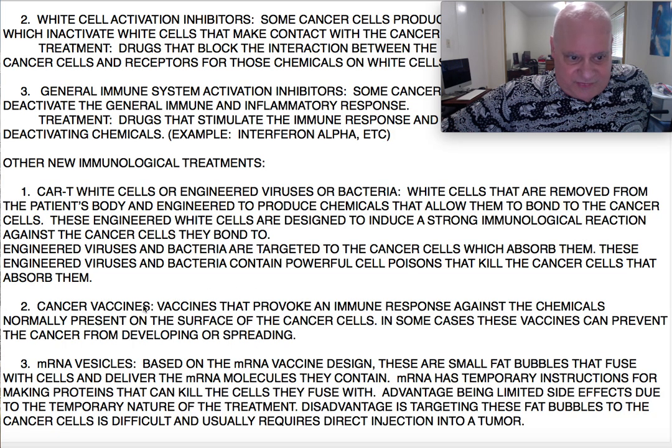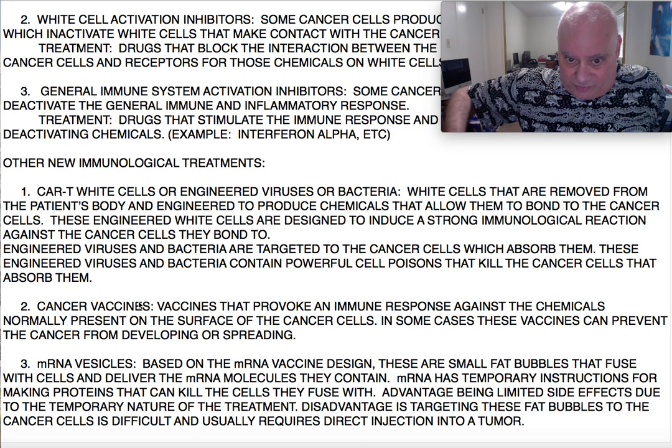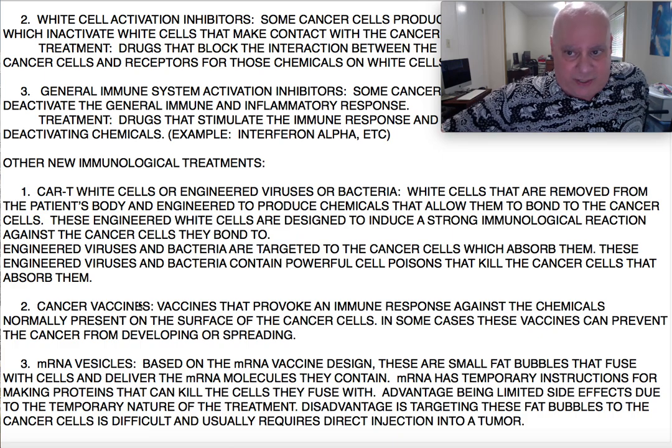There's also cancer vaccines in development where we sort of pre-expose your immune system to chemicals on the surface of cancer cells so that when those cells really do appear for real, your immune system's prepared and can quickly attack those developing cancer cells and destroy the cancer at a very early stage.